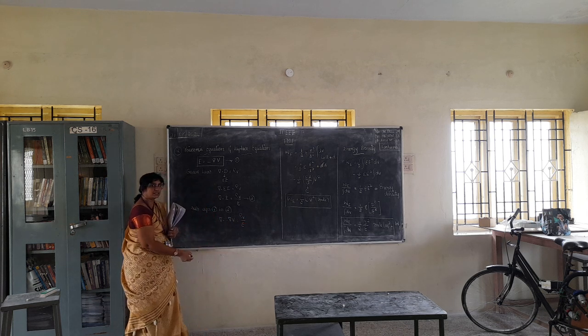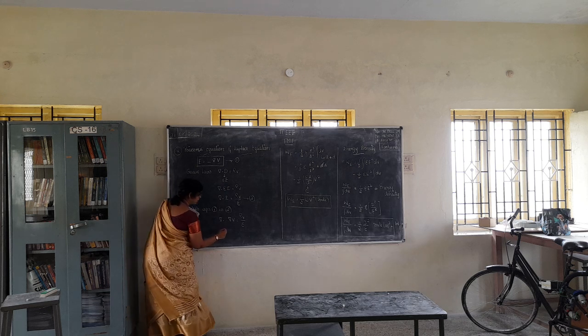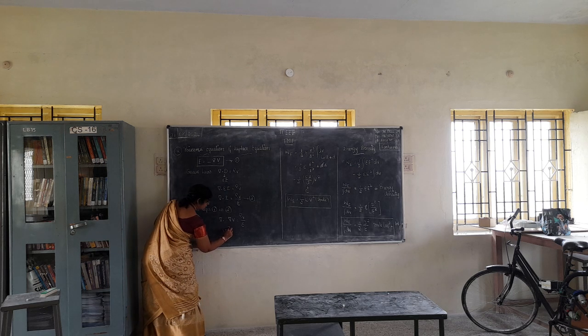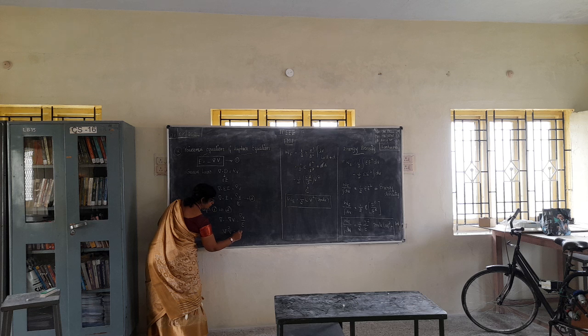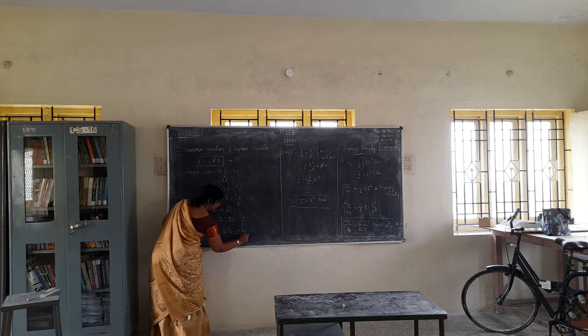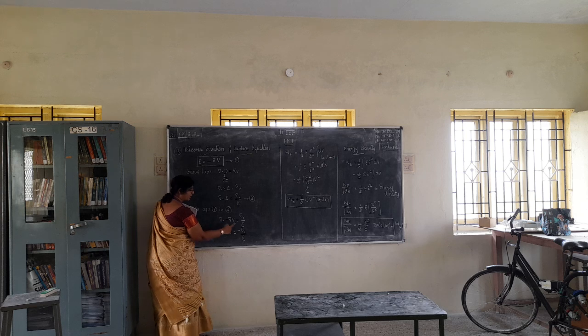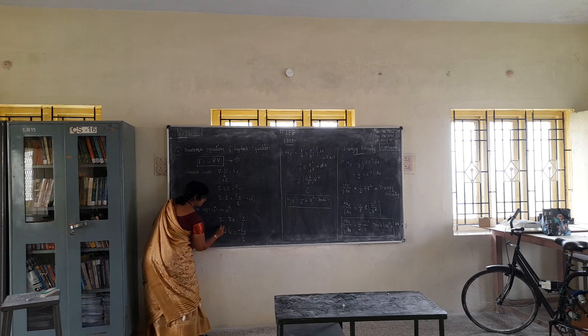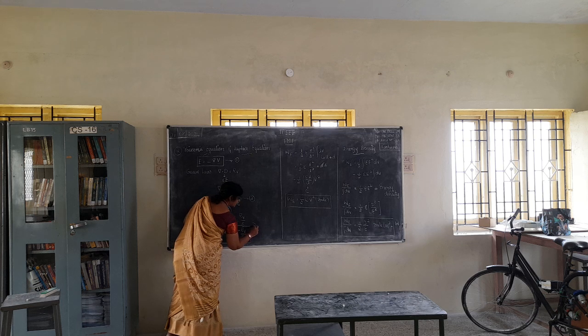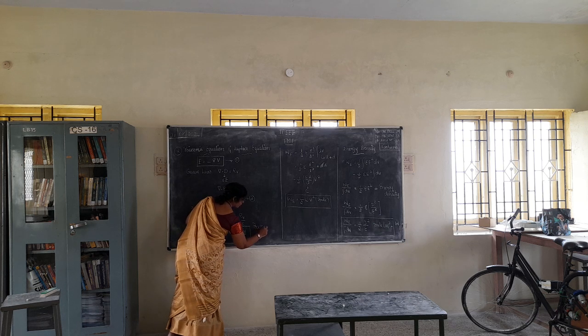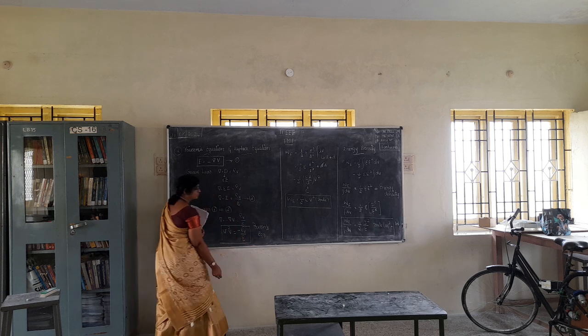So we can write it as del square V equal to minus rho V by epsilon. Del into del is del square. So del square V is equal to minus rho V by epsilon is called as Poisson's equation.